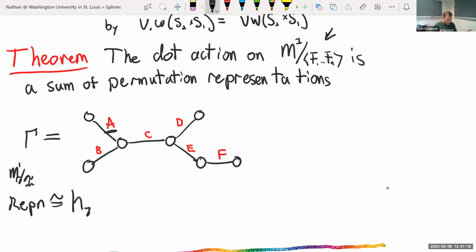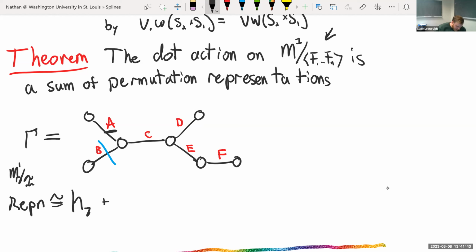And for all of the other edges, what we're going to do is cut and look at the sizes of our two component pieces. So if you remove an edge from a tree, you have the disjoint union of two trees, and we want the sizes, right? How many vertices are in each one of those components? So if we cut at B, we have a size 6 and a size 1.